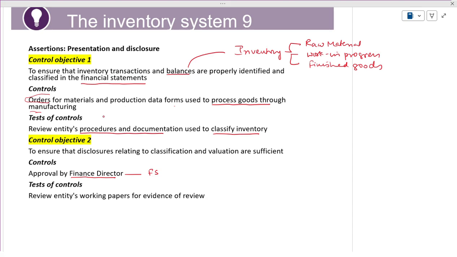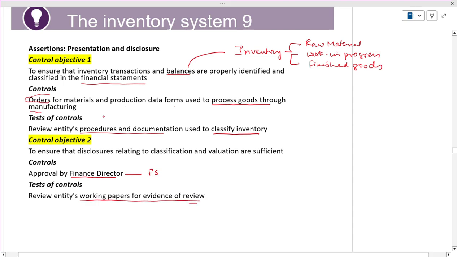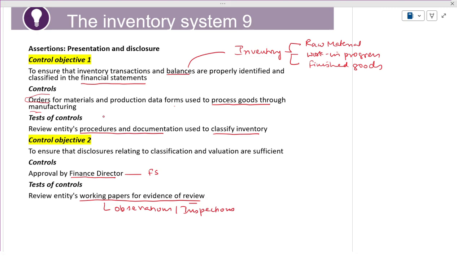Review the working papers for evidence of review: how you have made the observations, how you have made the inspections, how you have taken the notes. If any working papers are there, you have to review them. This is with respect to presentation and disclosure.